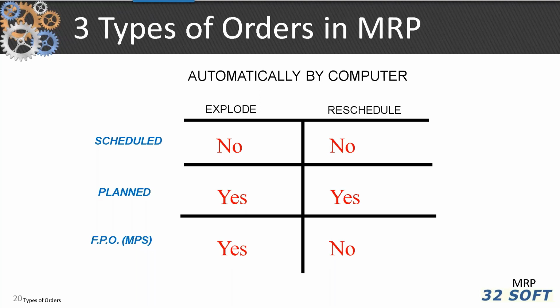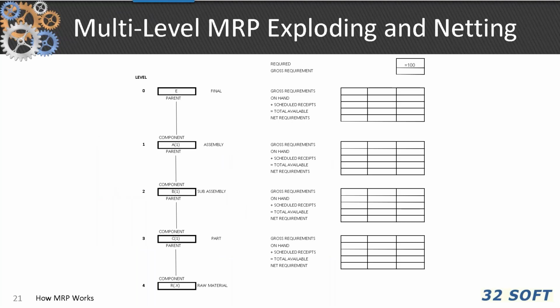Let's look at how orders affect the netting process in MRP. Here is the netting process of gross to on-hand plus scheduled receipt for a total available to net requirement. If we start off with 100 units, you can see the gross requirement is 100. If we have 2 on hand and a scheduled receipt of 25, that means we have a total available of 27.